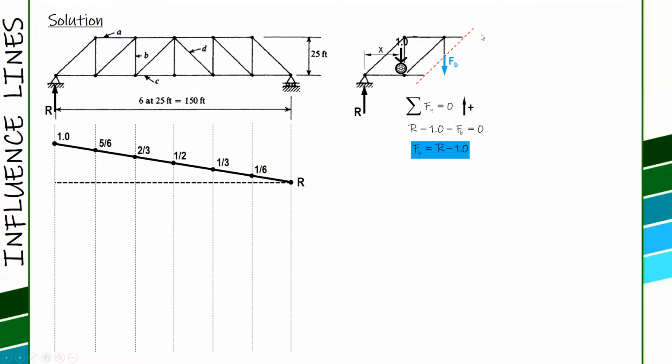From the cutting section, if you analyze the left side, you no longer see the unit load. So therefore, this expression is valid or applicable only for x equal to 0 up to 25. At 50, it no longer applies. There is no more unit load, so FB is equal to RA only.